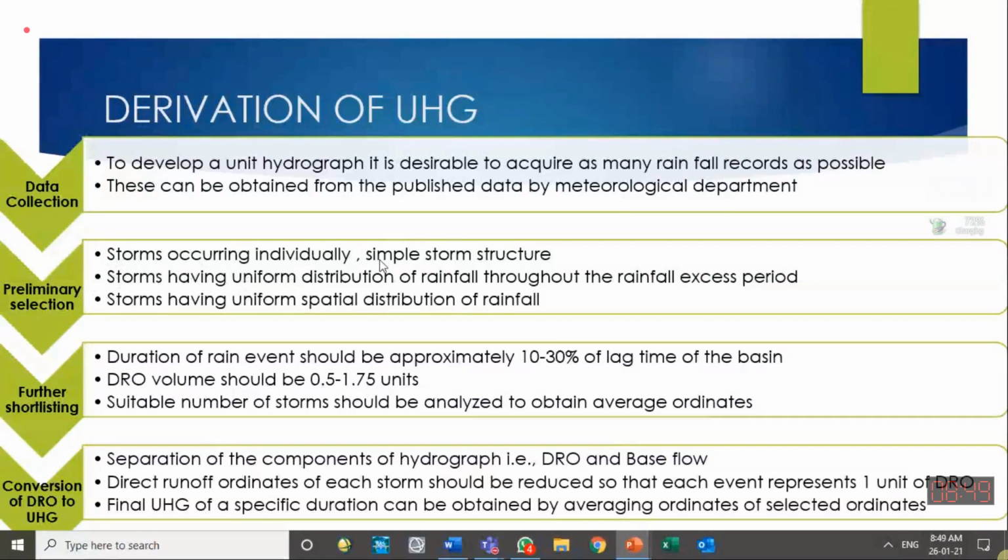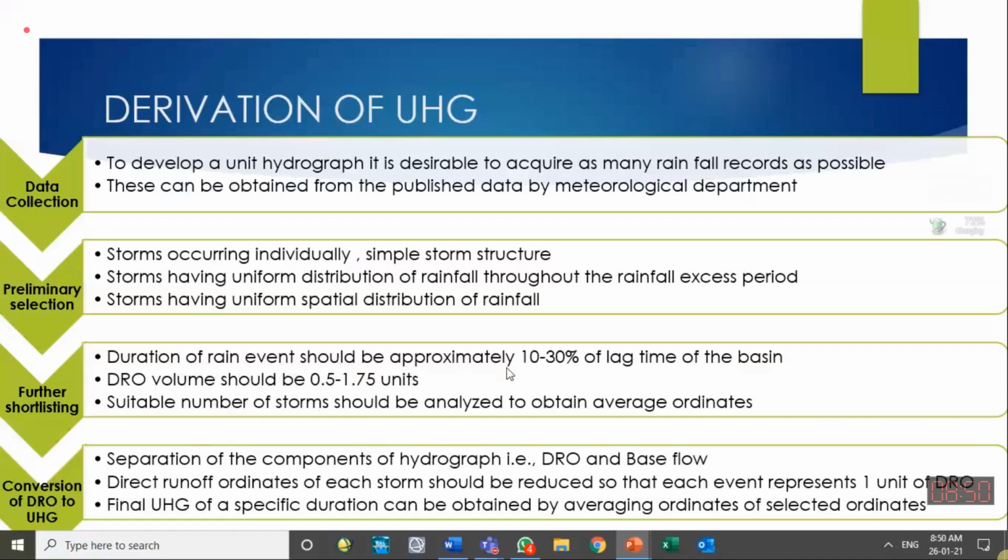Storms occurring individually, with a simple storm structure, should be selected. Storms having uniform distribution of rainfall, covering the whole catchment or the whole basin, should be taken. Try to select storms which have more or less the same uniform spatial distribution. That should not be a locally located storm; it should cover the whole basin.